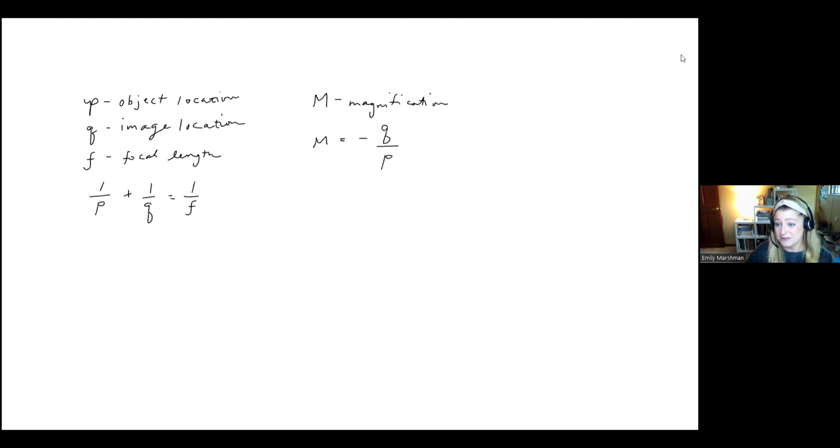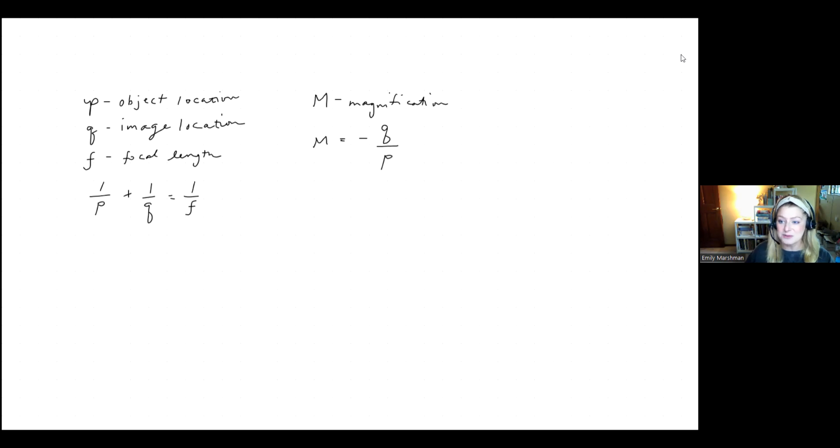Again, I won't derive how they got this. There's some geometry involved, geometric optics. You could look in the book and see that this works out. So the magnification tells you if the object is increased in size with respect to the actual size of the object, or if it's decreased in size. And it also tells us whether the object is upright or inverted.